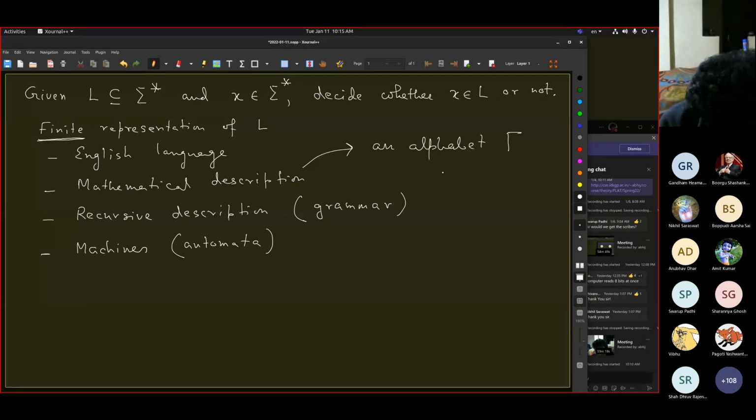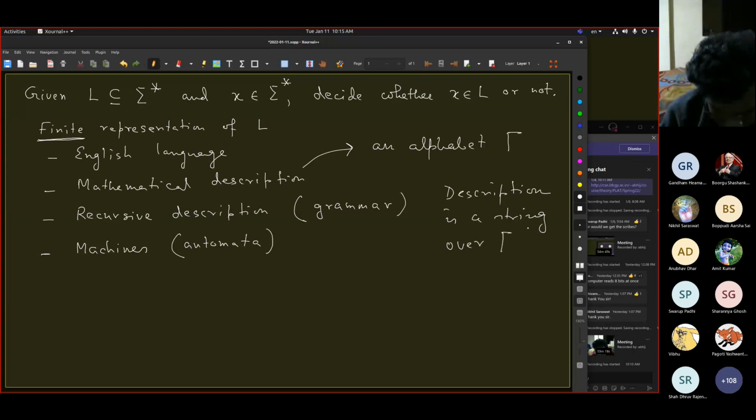Okay. So I must say that such a description, finite description of a language, is a string over the description alphabet gamma. Okay.